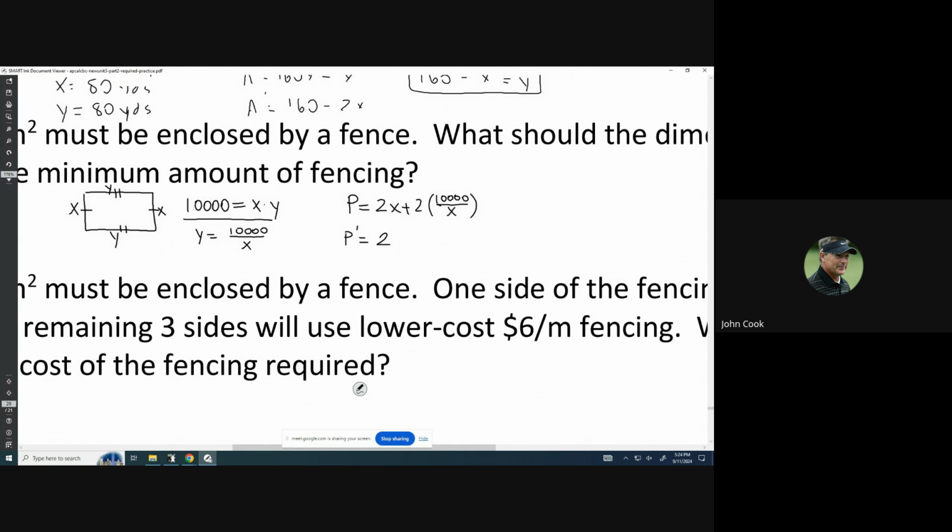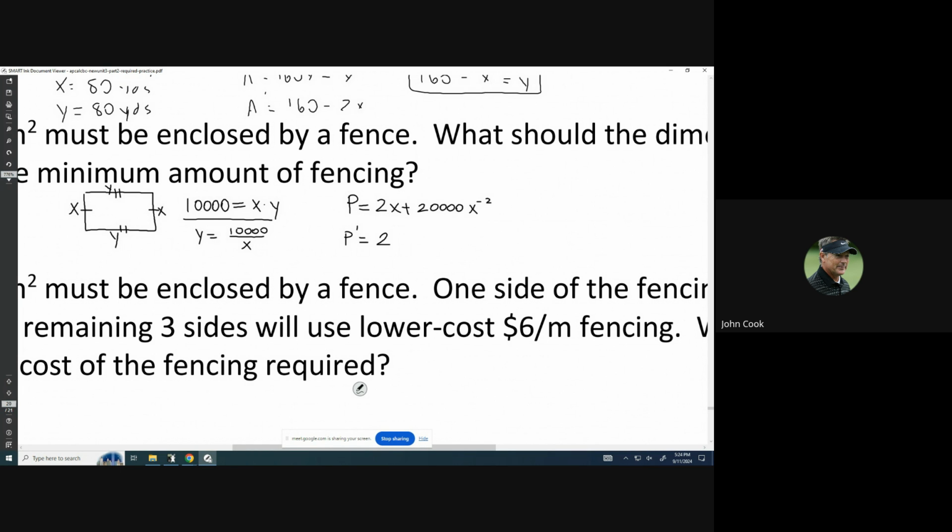And then it's actually maybe a little bit beneficial to rewrite this top part, 2 times 10,000 over x. I'm just going to rewrite that as first 20,000 over x. And then after that, x can be rewritten with an exponent. It's the same thing as saying 20,000 and then x to the negative second.